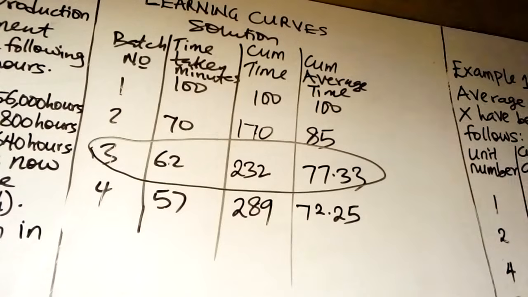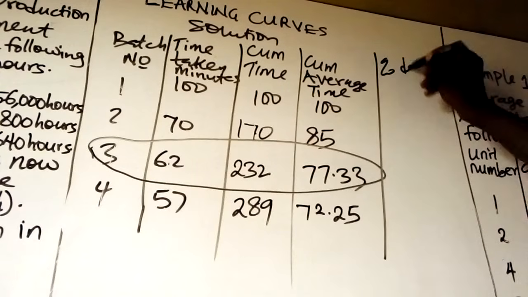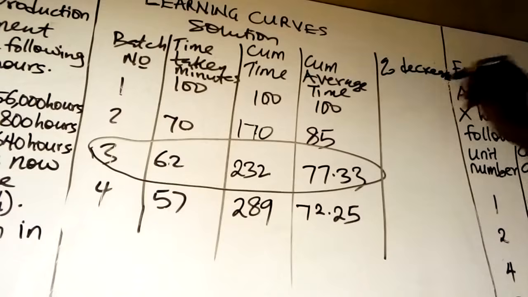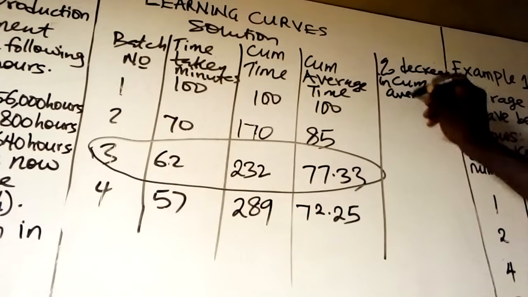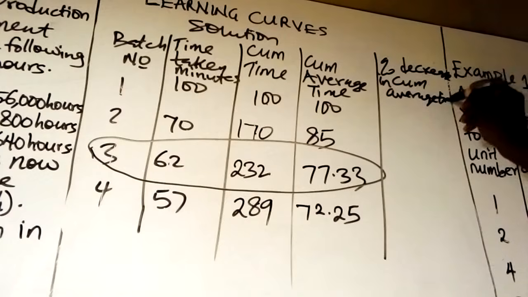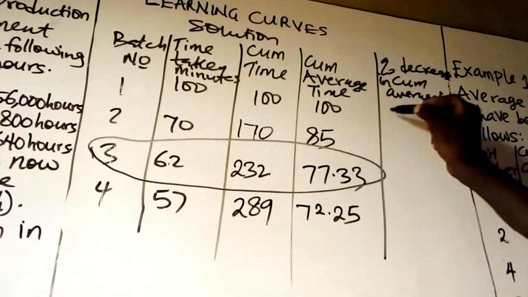Now, remember, you may use the tabular approach, and you may also use the algebraic approach. If you want to use the tabular approach, you find the percentage decrease in the cumulative average time. For the first column, this one will be nil.